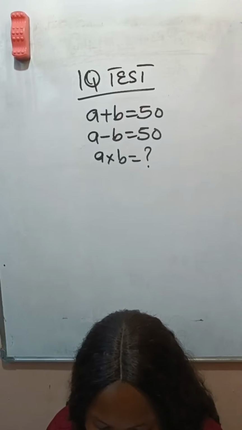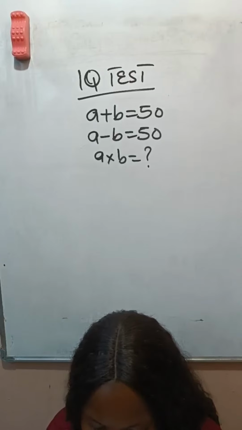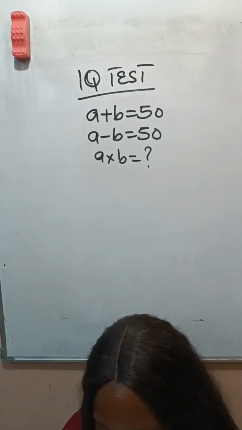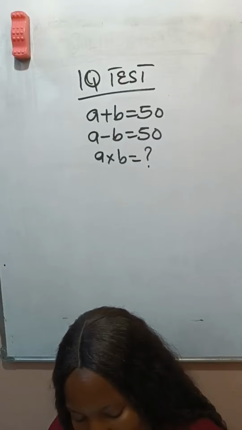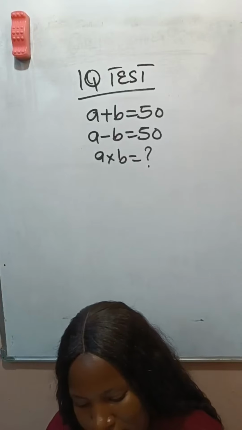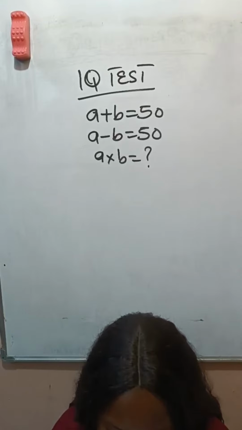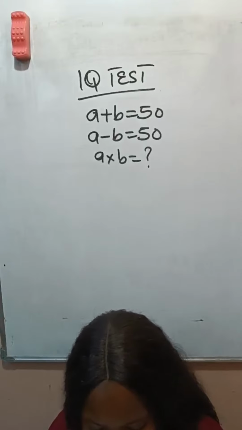So Gargav says A is 50, B is 0. Oyeniran says for play. Okay. New says the answer is 2,500. AJ says 0.